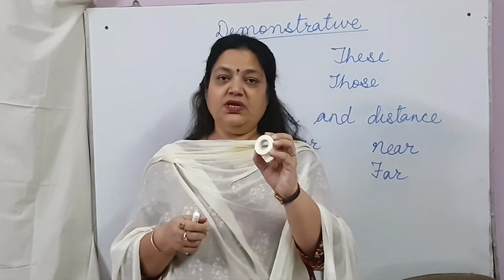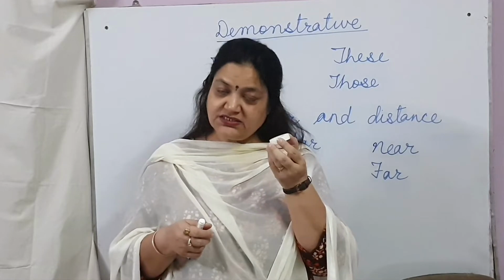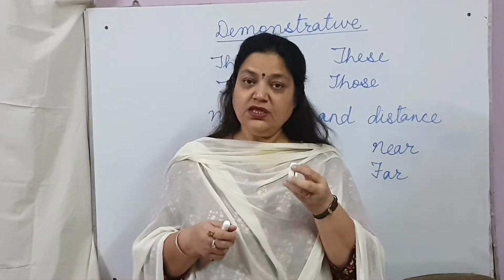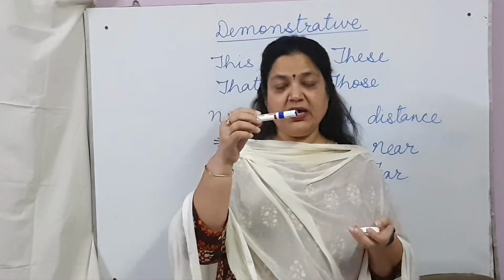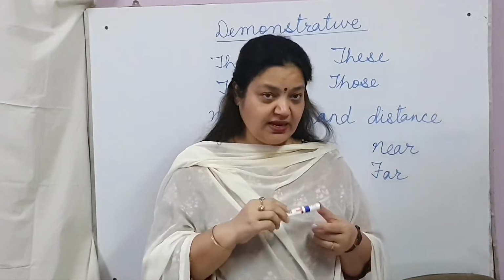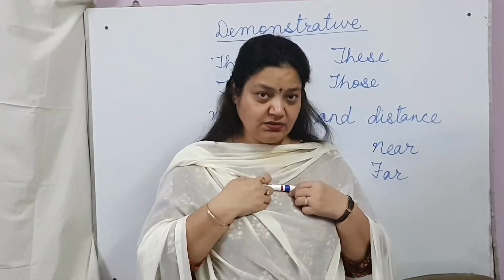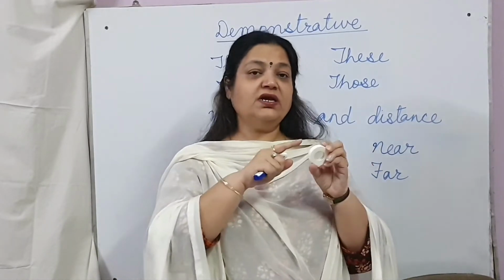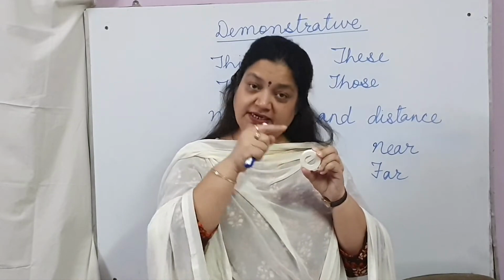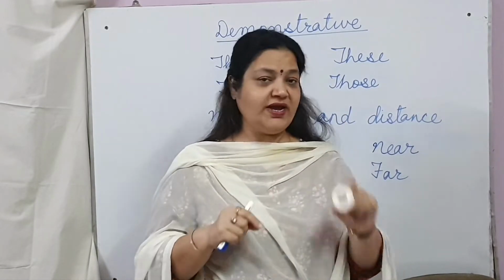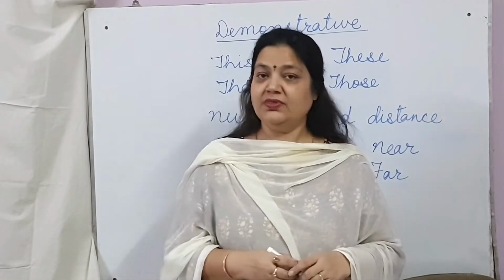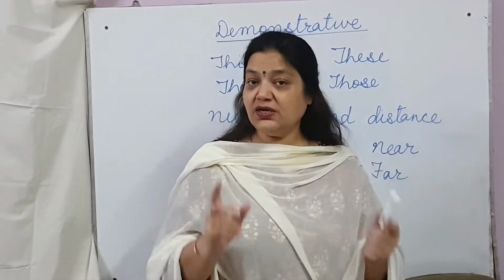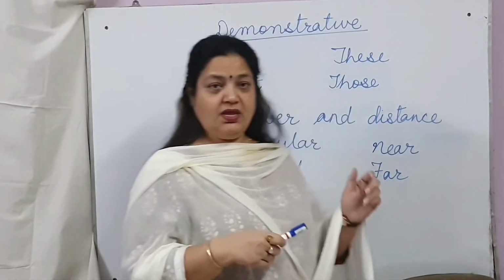This tape is of white color. Here I am talking about this singular pen which is mine, or this particular tape which is of white color, and they both are singular objects.